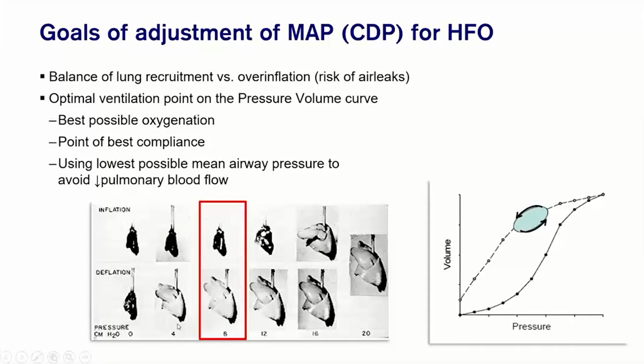And only below 8 millibars will you see some deflation of the lung. That reminds us of the hysteresis of the lung. We should make use of that, and therefore we should high frequency oscillate on the expiratory limb of this passive PV loop of the lung.